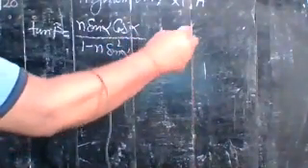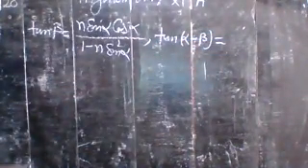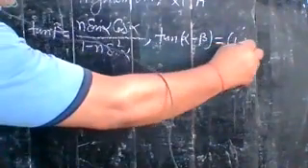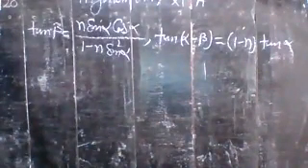So that tan alpha minus beta is equal to 1 minus n tan alpha, you have to show that.